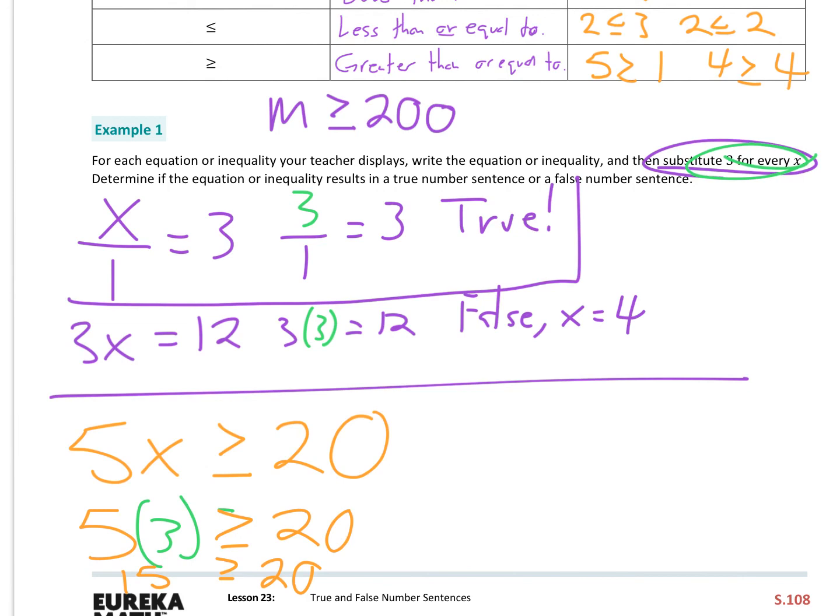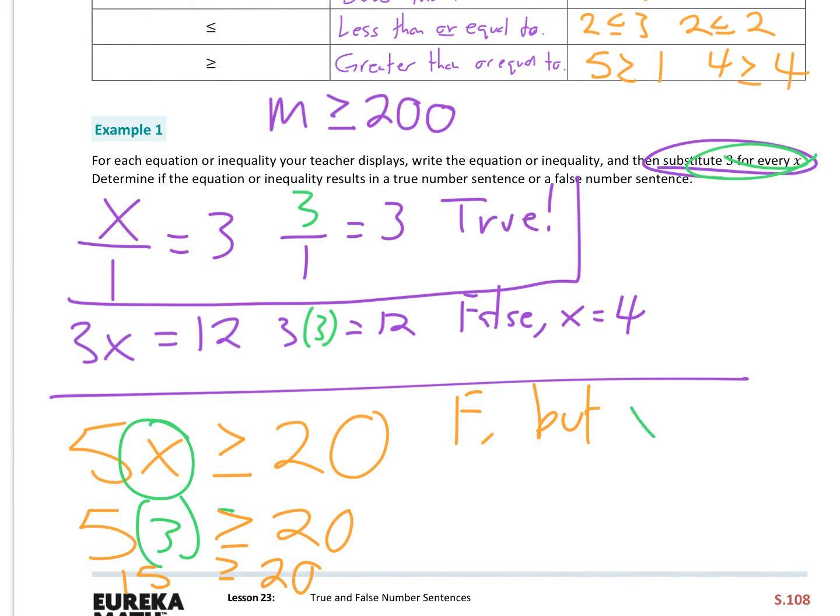No. So that's false. But I can think of 5 times what is 20? 5 times 4. So this x could be 4, because 5 times 4 is not greater than 20, but it's equal to 20. But if x was anything 4 or greater than 4, then that would work.